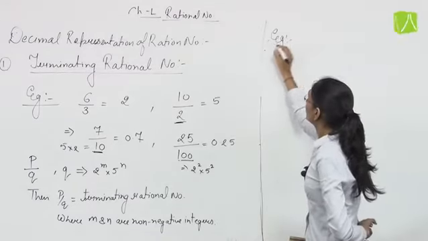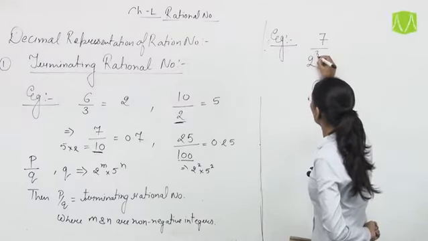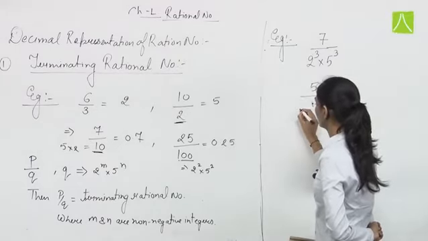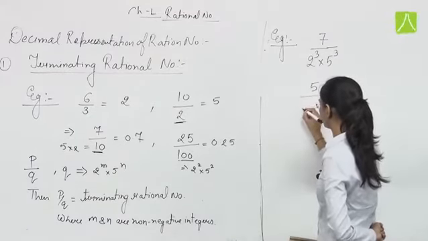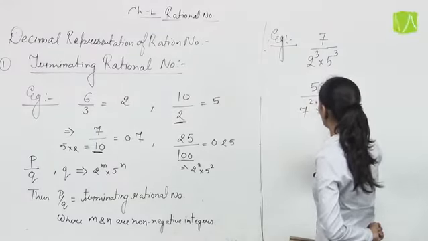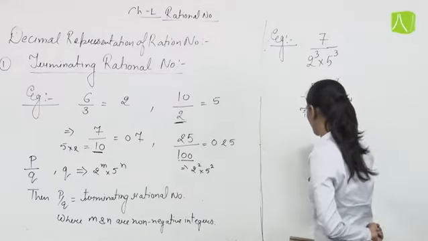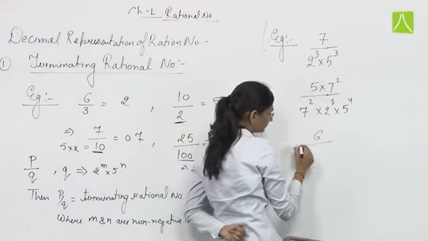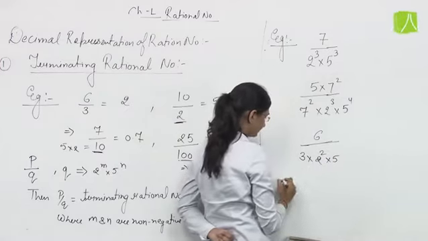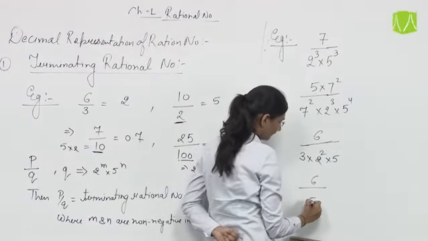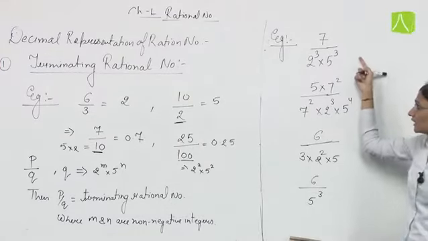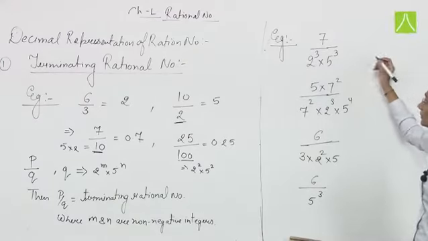For example, 7 upon 2 raised to the power 3, 5 raised to the power 3; 5 upon 7 raised to the power 2, 2 raised to the power 3, 5 raised to the power 4; 6 upon 3, 2 multiplied by 5; 6 upon 5 cube. We need to find out if these numbers are terminating or non-terminating.